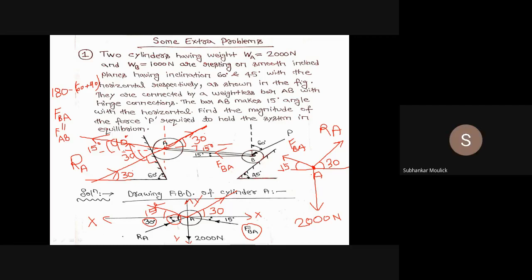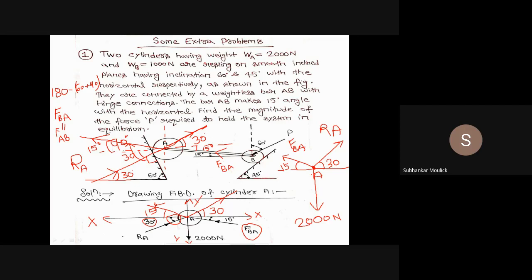Yes, that also you can use, and Lamy's theorem also you can use, because Lamy's theorem says that if three forces are passing through a common point when the body is in equilibrium and those three forces are concurrent in nature, then according to Lamy's theorem, force divided by sine of the angle between the other two forces will be equal to each other.